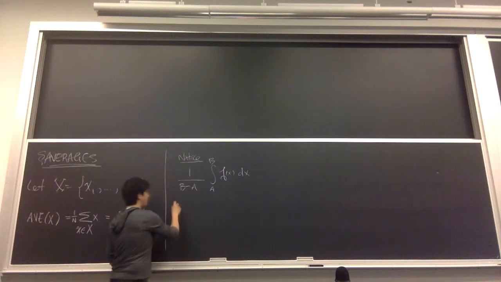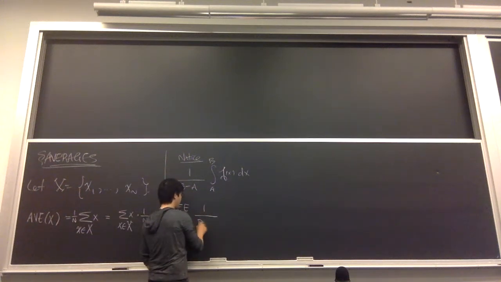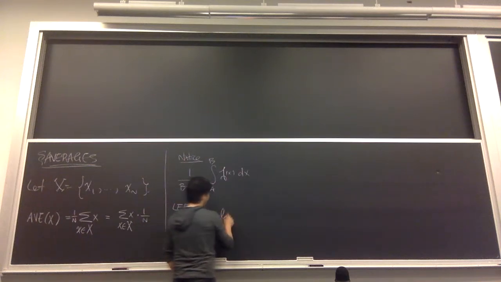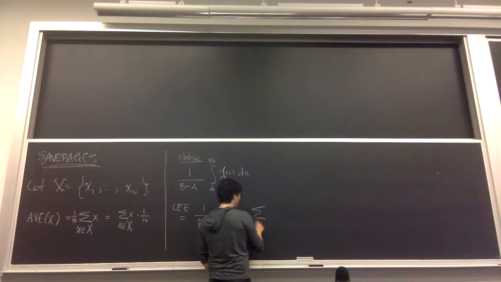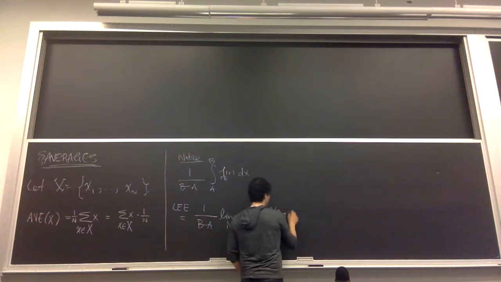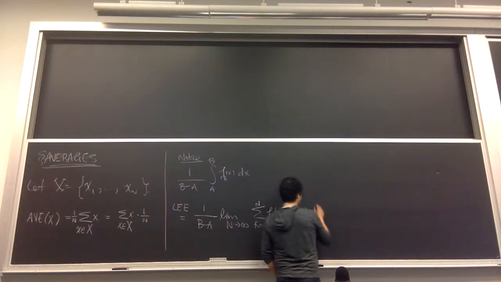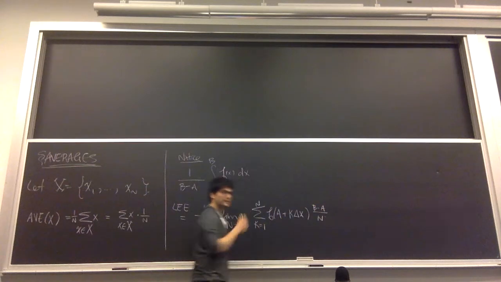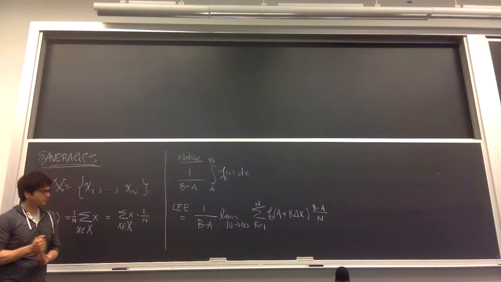I'm just going to give the left endpoint estimation of this, which is going to be 1 over b minus a, limit as n goes to infinity of the sum k equals 1 to n. Let's just count from the left like this, and then delta x is going to be b minus a divided into n pieces. Follow? It's just the normal Riemann sum.